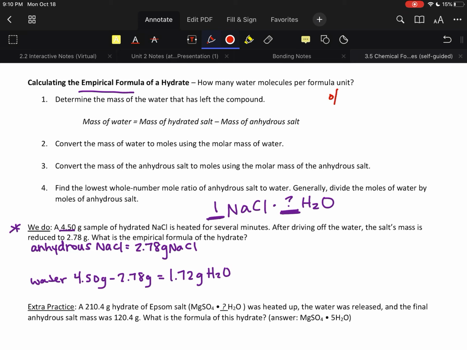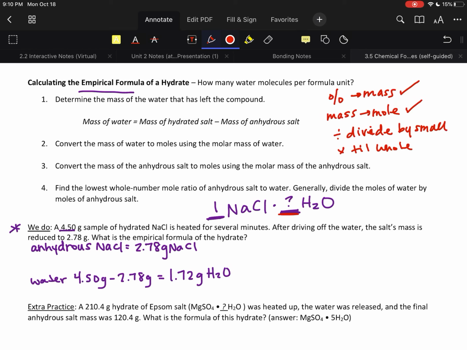It goes: percent to mass, mass to mole, divide by small, and then multiply till whole. So I didn't start with percent, I actually started with mass, so we're good there. So my next step is to go from mass to mole, okay? Because remember, these numbers are a mole ratio, so I have to compare my amounts in moles.